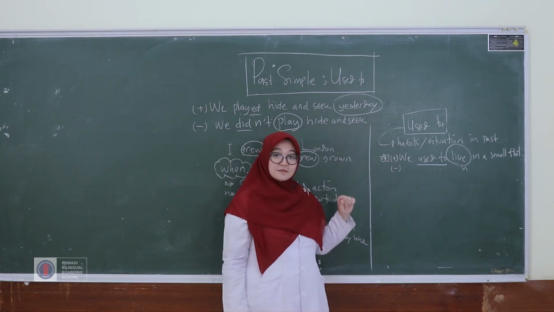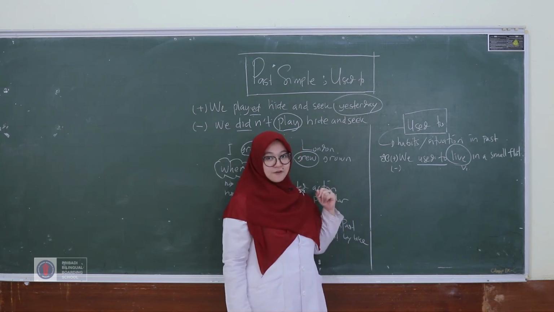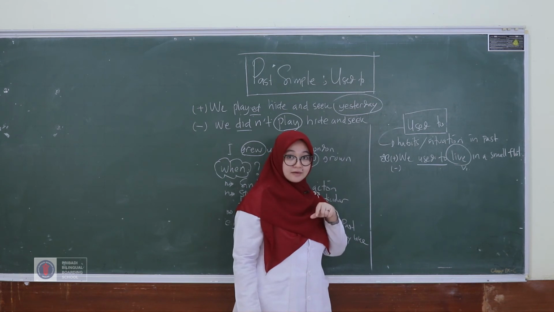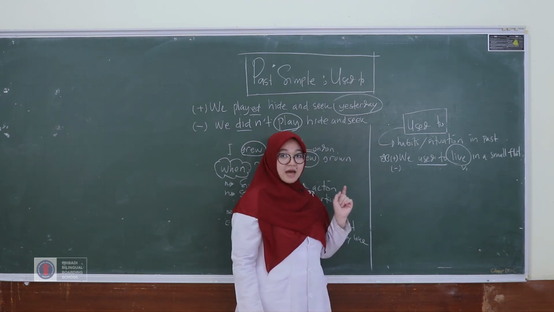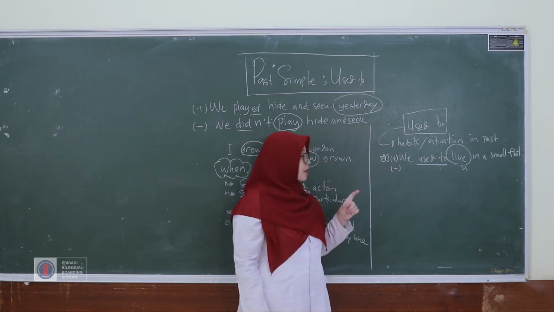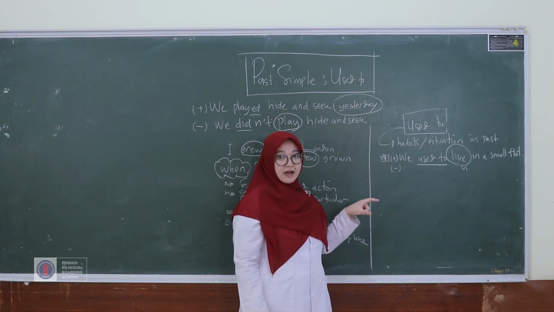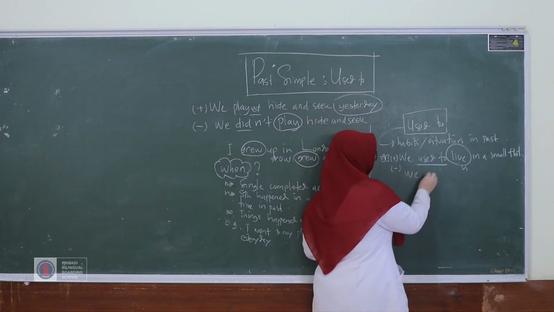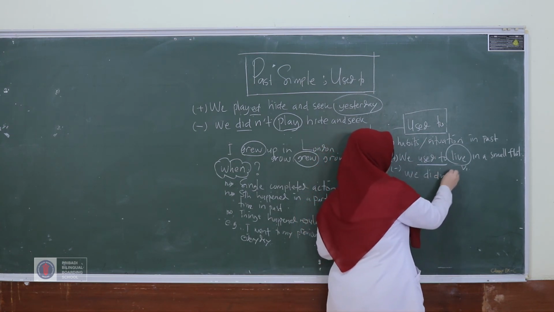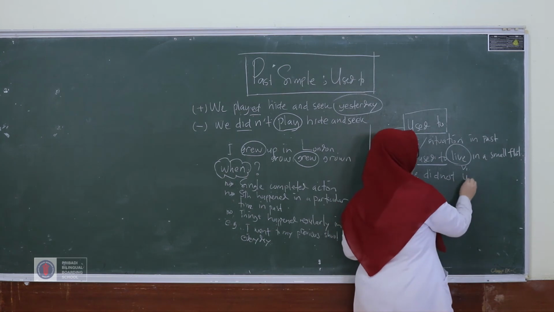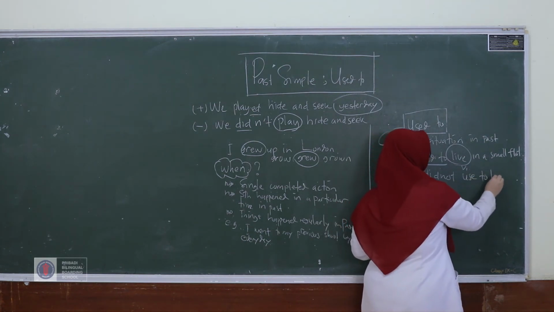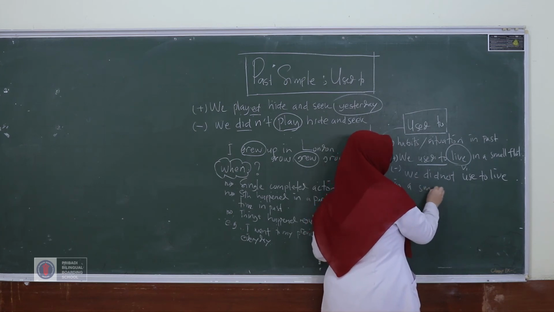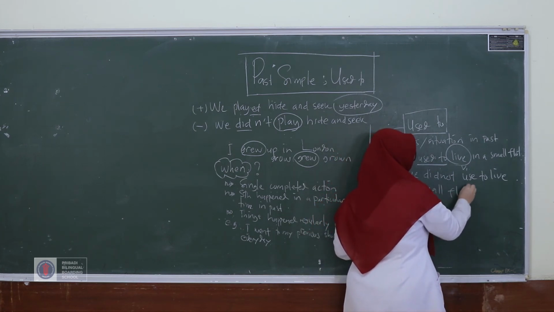Now let's make the negative sentence of this sentence. As usual, we put "not," and the same as the past simple sentence, before we use "not" we have to use the auxiliary "did." So: "We did not," or "didn't," "use to live in a small flat."